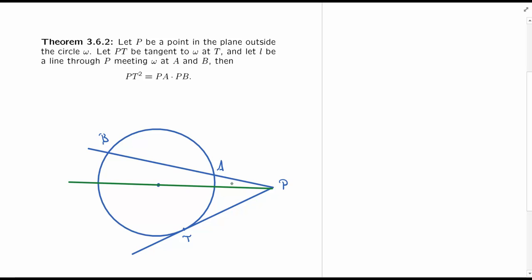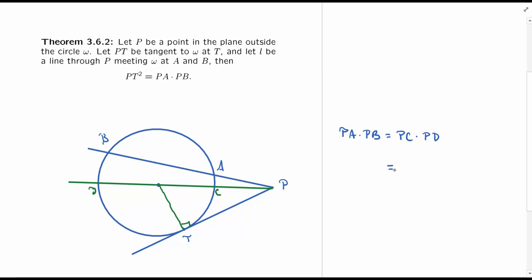Now I'll label where this line enters and leaves the circle as C and D. Now we know that by the original case, PA times PB equals PC times PD. But we also know that for tangent lines, if we connect the center of the circle down to T, it creates a 90 degree angle. So I'm going to manipulate the PC and PD part so that I can use this 90 degrees.